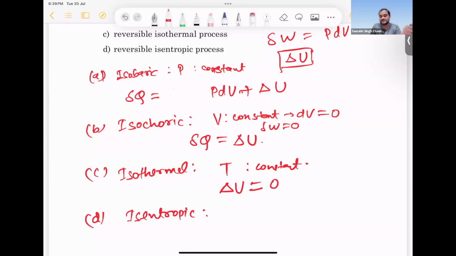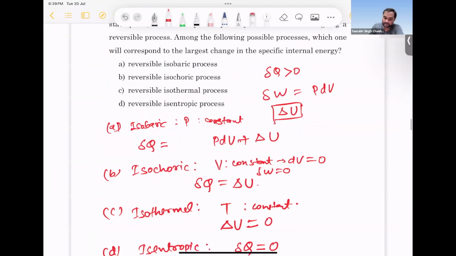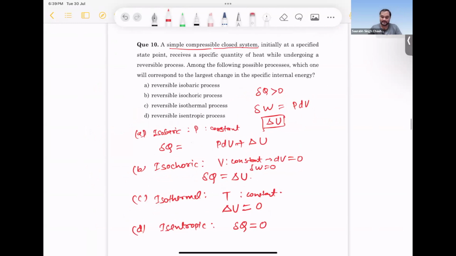Isentropic means entropy is constant, and since it is reversible isentropic, this means it is an adiabatic process, right? So in adiabatic process, delta Q will be 0. Now we have to tell in which process there will be maximum change in internal energy.